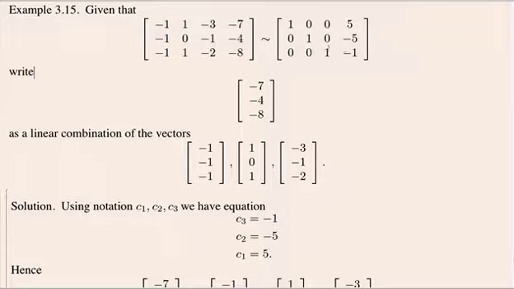So reading the solution from here using notation C1, C2, C3 for these unknowns, we have that from the last row, C3 is -1. From row 2, we have C2 equals -5. And from row 1, we have C1 equals 5.